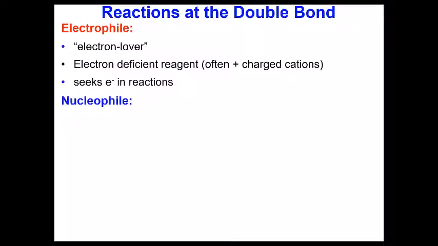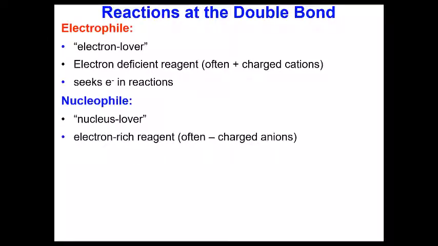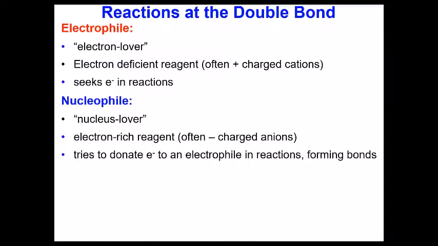And it accepts electrons in a reaction. So we saw that earlier in the other animation for what on earth is an electrophile: things that are deficient in electrons, and they're really looking for electrons. Now, the word we just saw, nucleophile, means nucleus lover, okay? So it's rich in electrons, usually negative charge anions. And so they try to donate electrons to an electrophile in reactions, forming bonds.